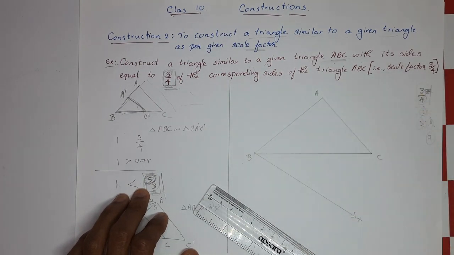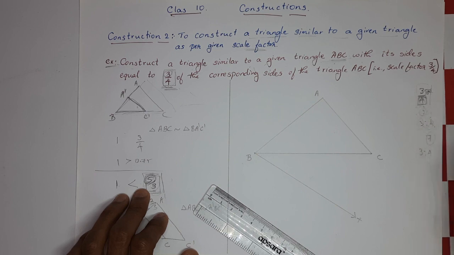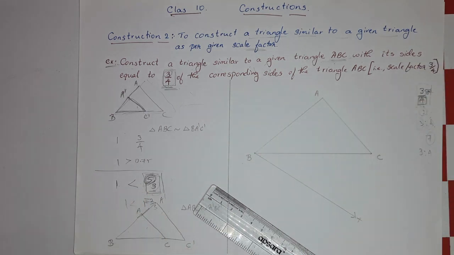Now it is not 7 parts, because the denominator is already given as 4. So you have to make only 4 parts. When the ratio is 3:4, it is 7 parts, because 3 plus 4 is 7. But here they have given the fraction 3/4, so the denominator 4 is the number of parts we have to make.